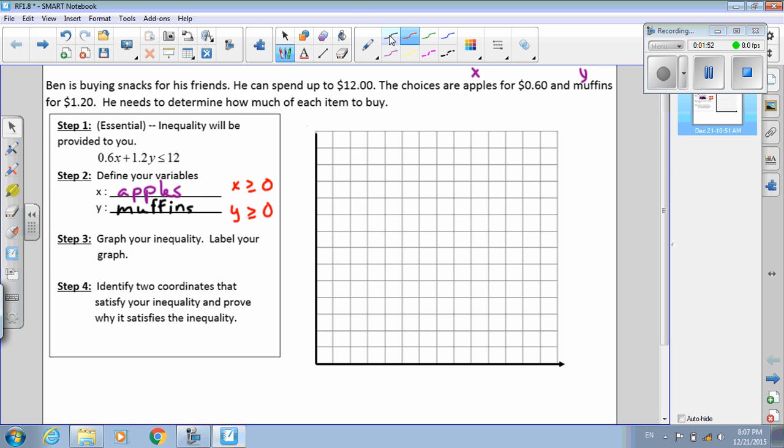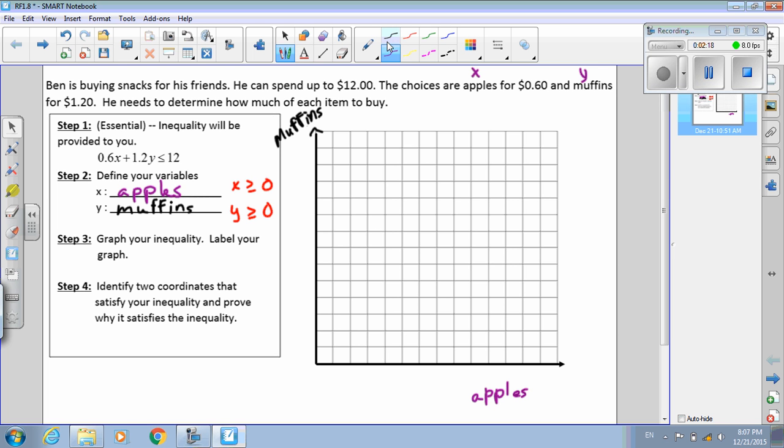To label that, this is my y-axis, but y represents muffins, so you will write muffins. And here, this is my x-axis, so you will write apples.